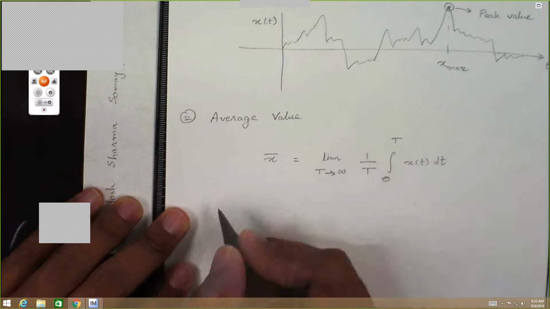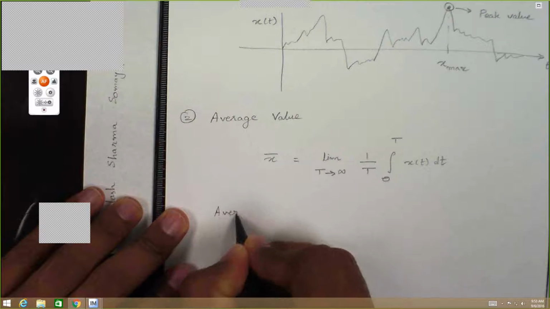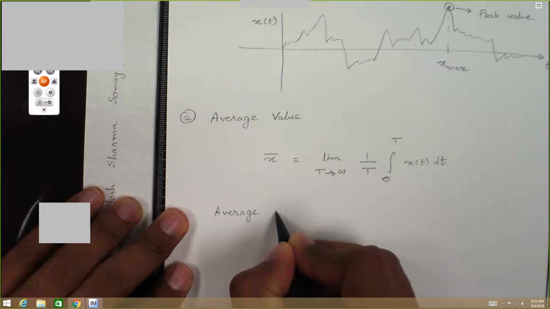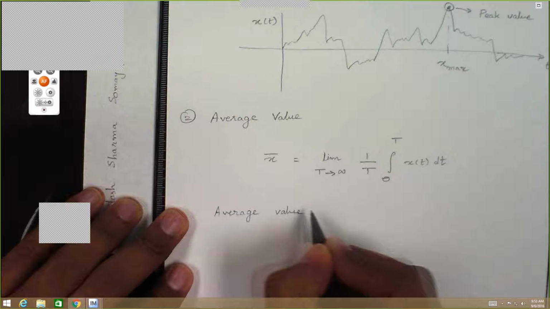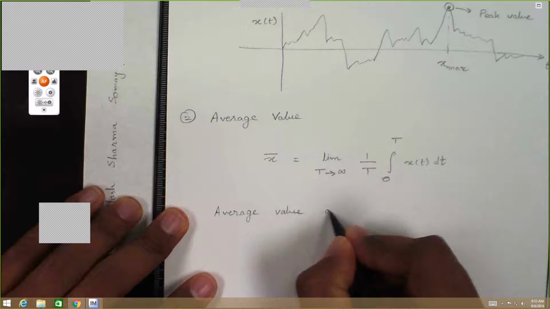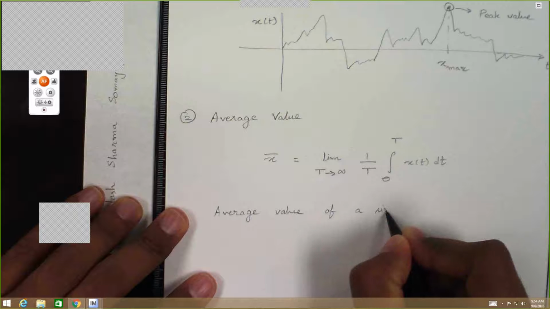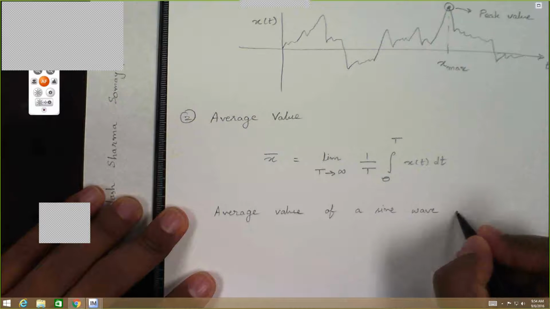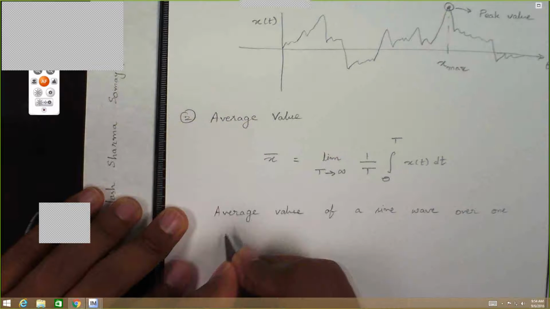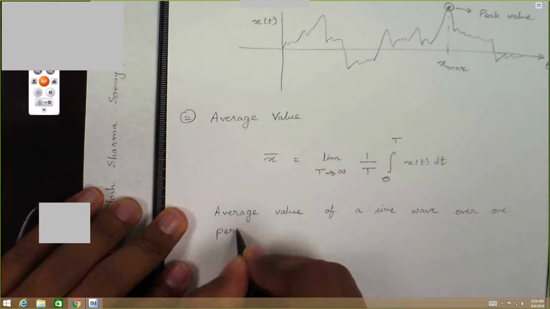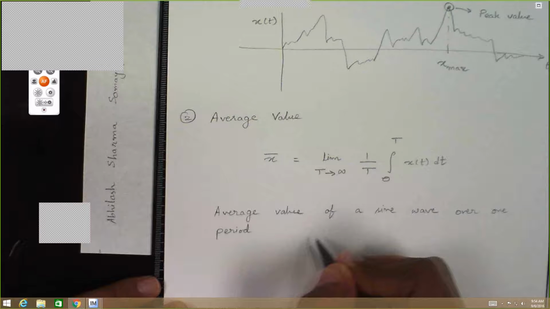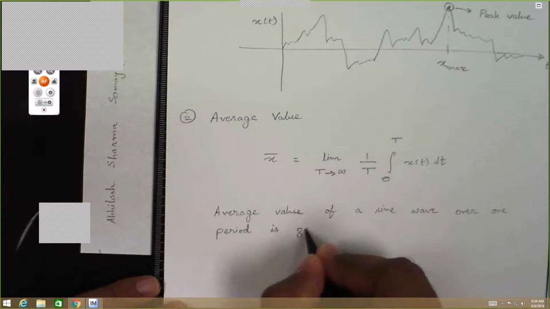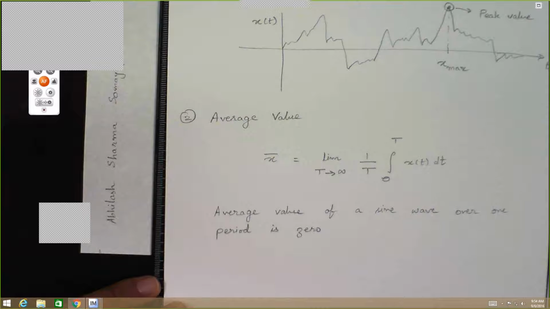So average value of a sine wave over one period is 0. And everybody follows why it is 0?